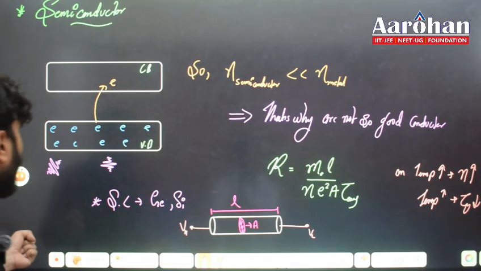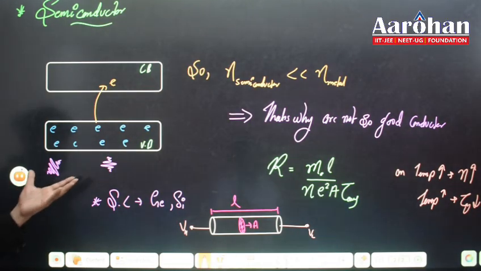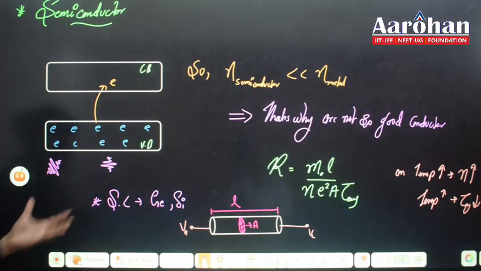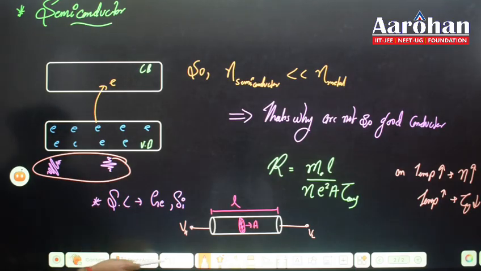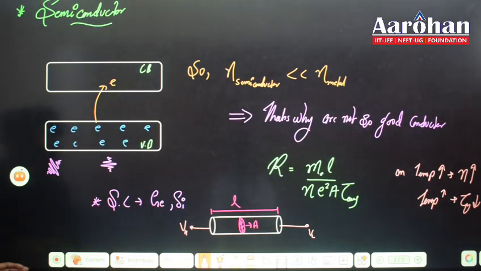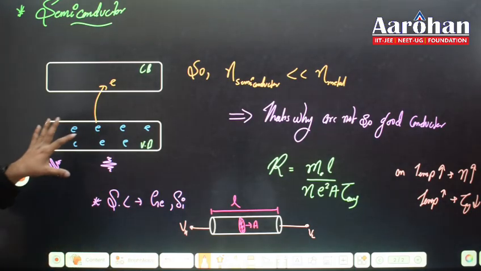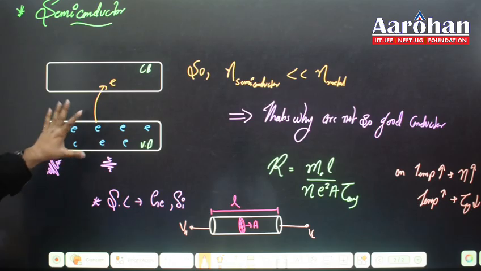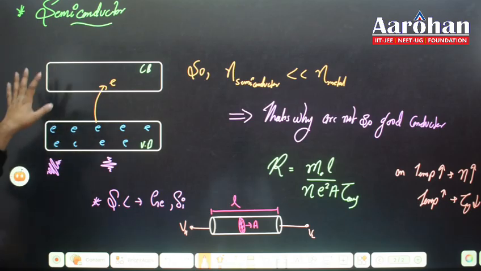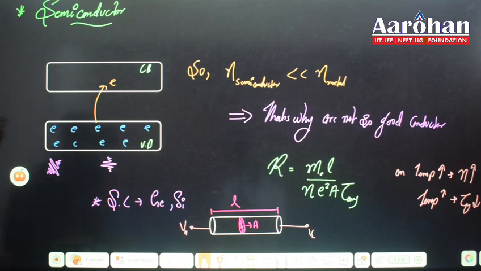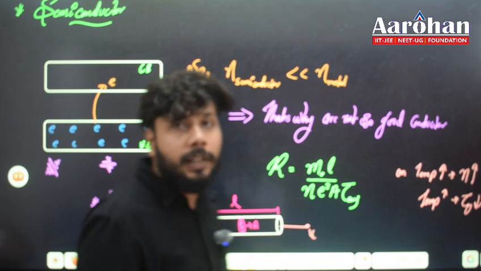It is obvious, because with increased temperature you have more photons of higher energy, which can knock out electrons from the valence band and send them to the conduction band. And if you have more electrons in the conduction band, you have more electrons which can move freely in the circuit and increase the conductivity.